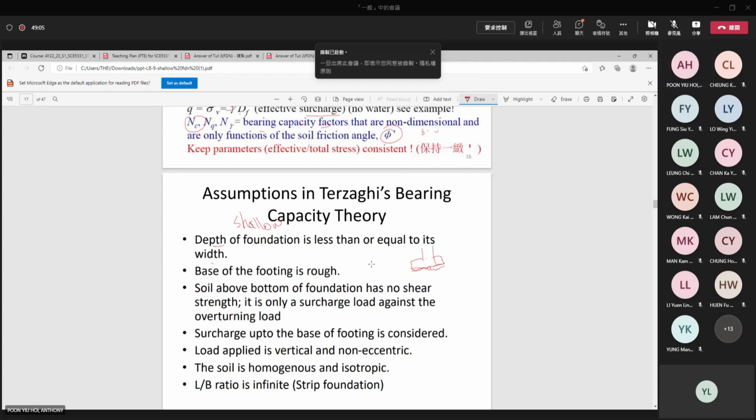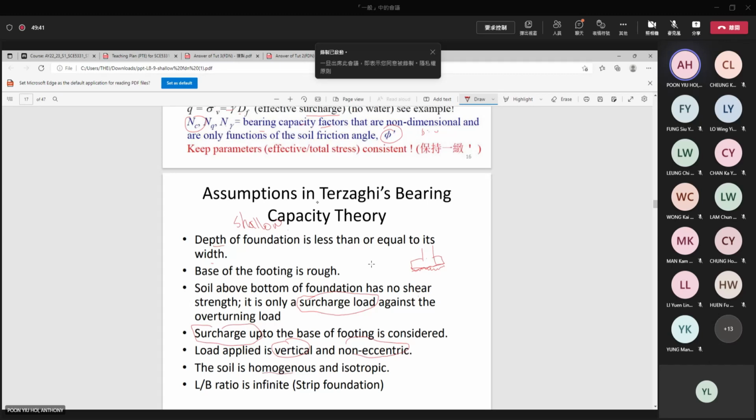And the soil above the bottom of the foundation has no shear strength, so it just gives a surcharge load. The surcharge is considered, and the load is vertical, non-eccentric.